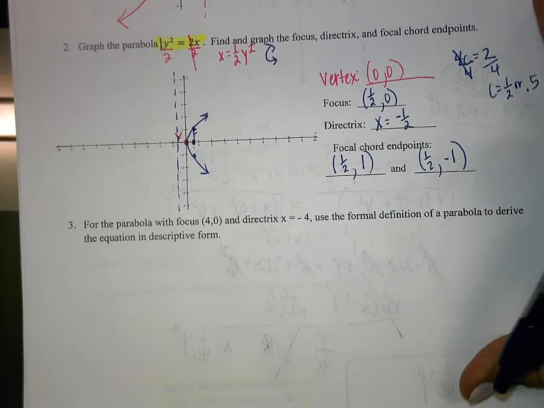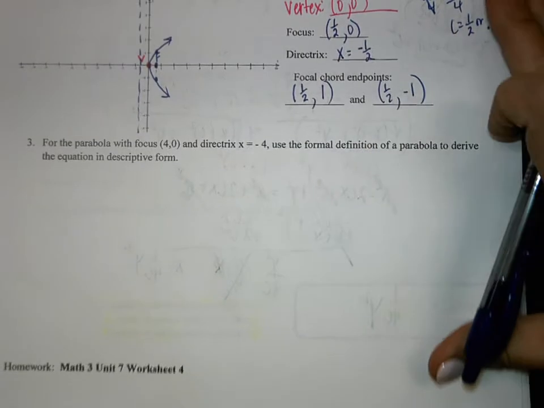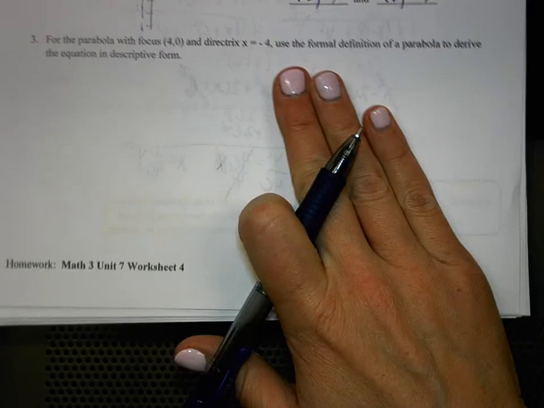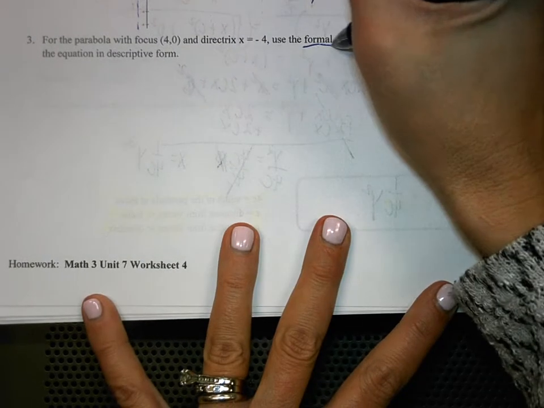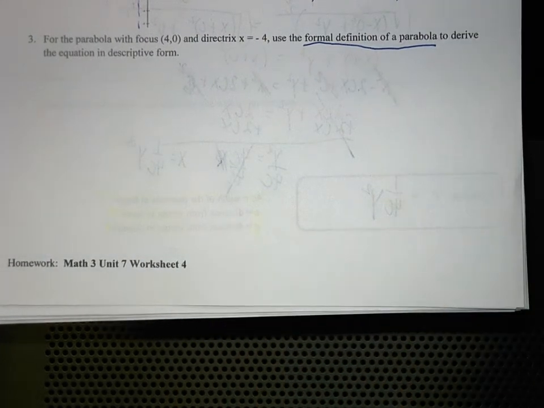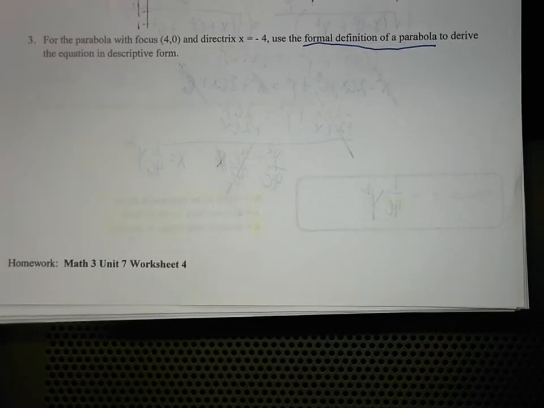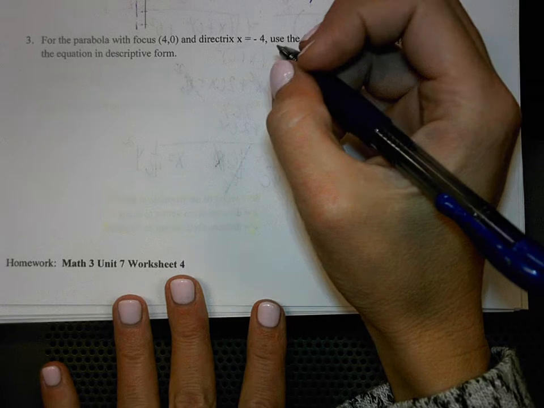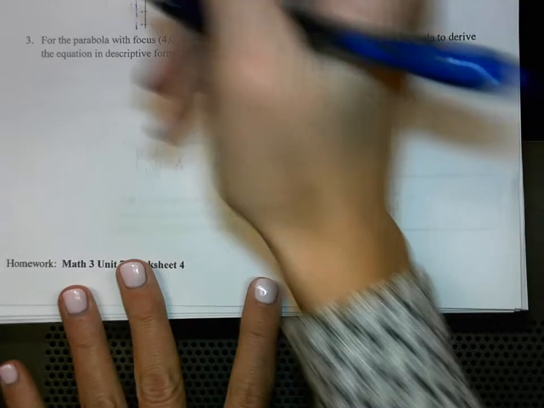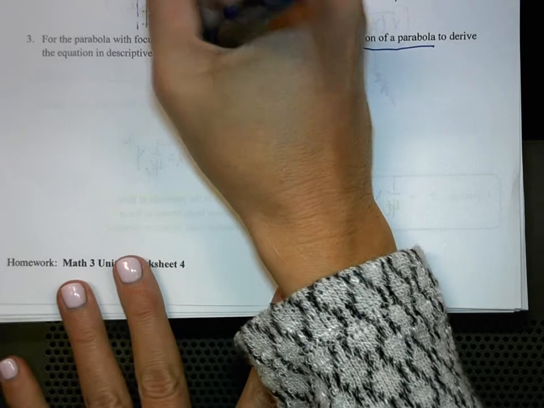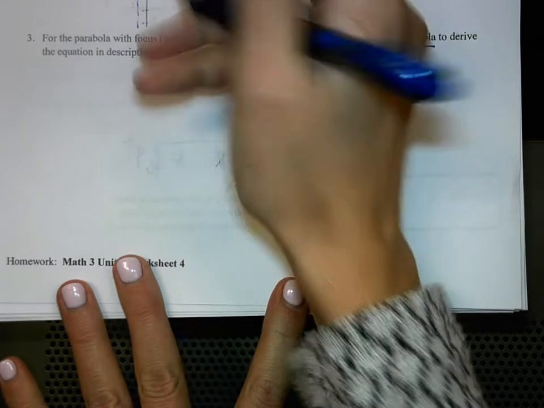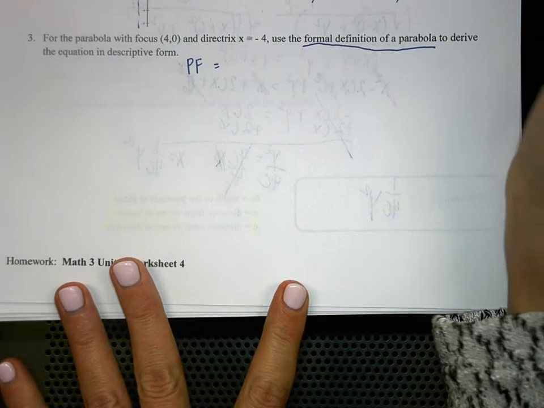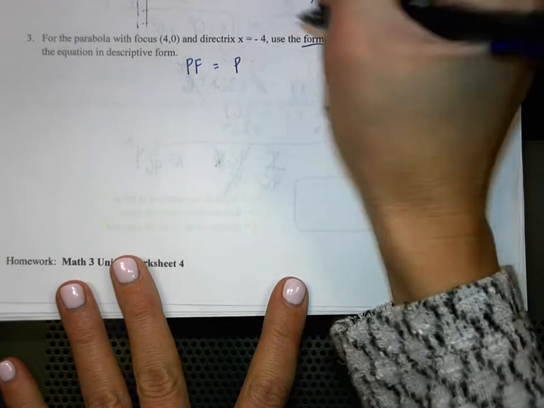Okay, so that's the graphing part. And then the other part is that we need to be able to derive the formula by using the formal definition of a parabola. What is the formal definition of a parabola? The distance from the point to the focus equals the same distance from the point to the directrix.